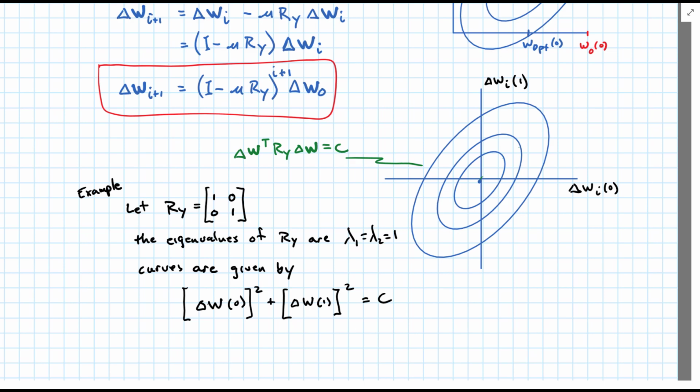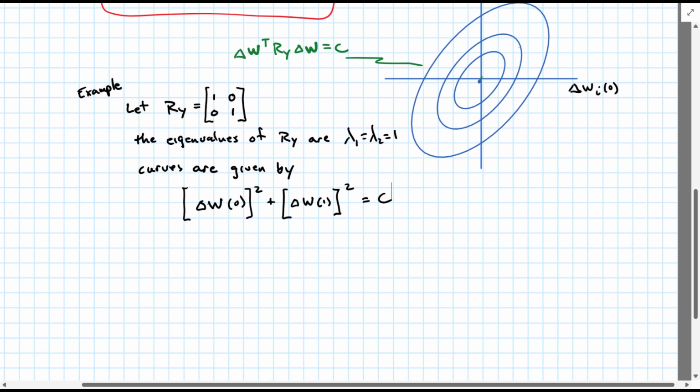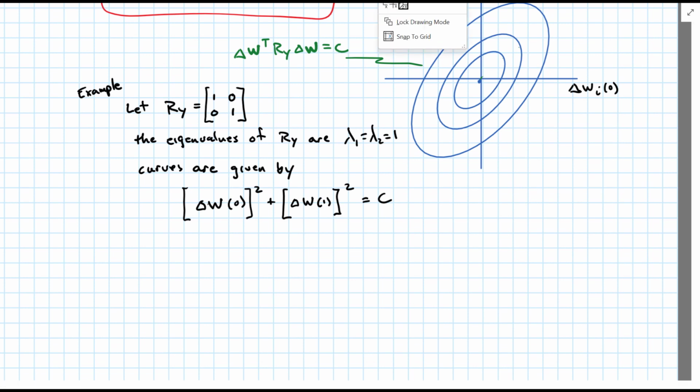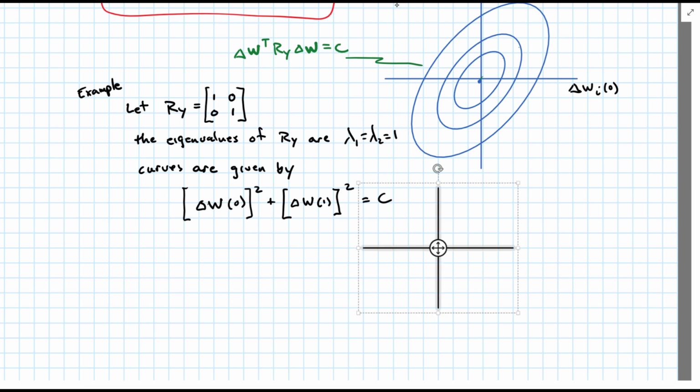And so we know what this is going to look like. It will simply be circles. Each curve is defined by choosing a different value for C.